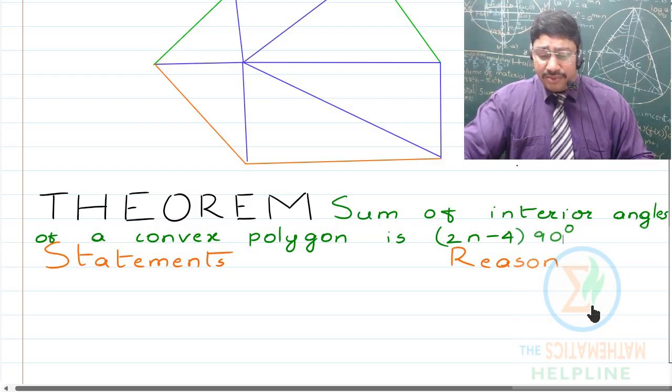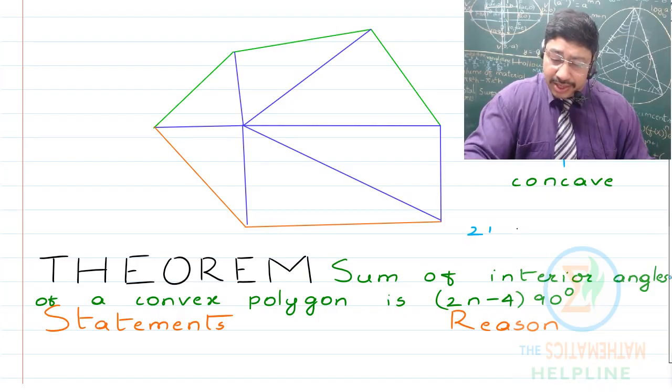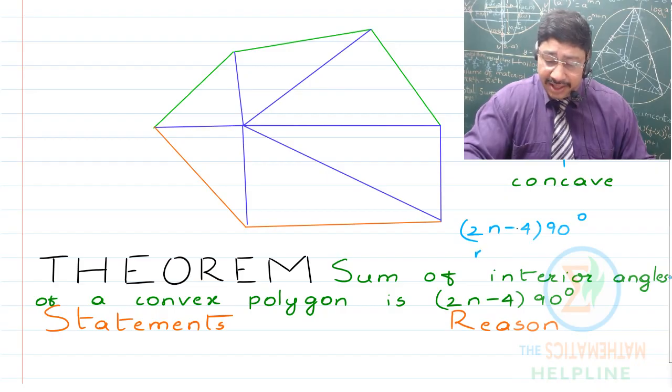Now there's another way to write this. 2n minus 4 times 90 degrees can also be written by taking the 2 common outside. As such, we will have n minus 2 times 2 into 90.